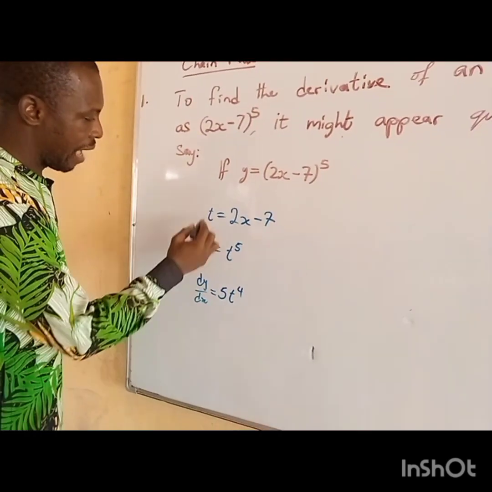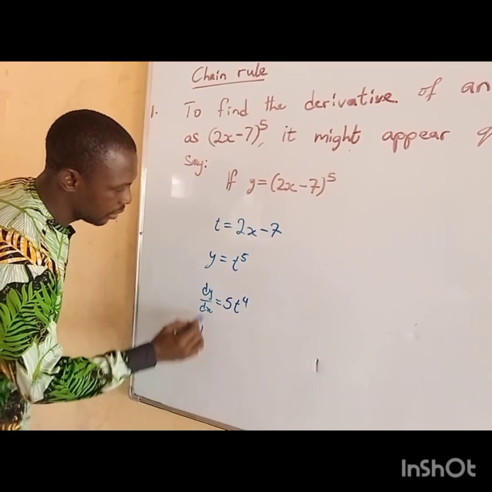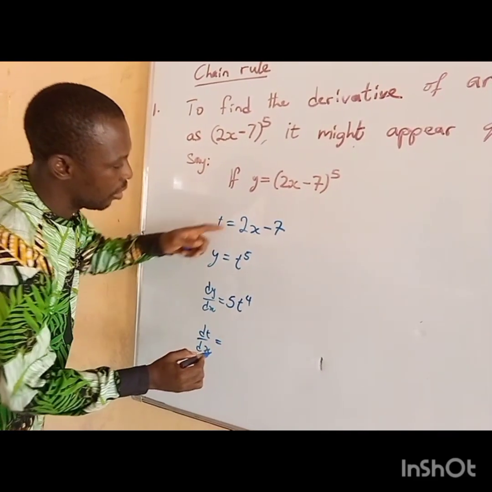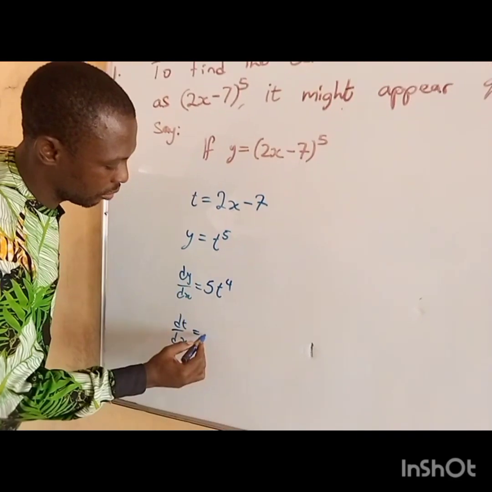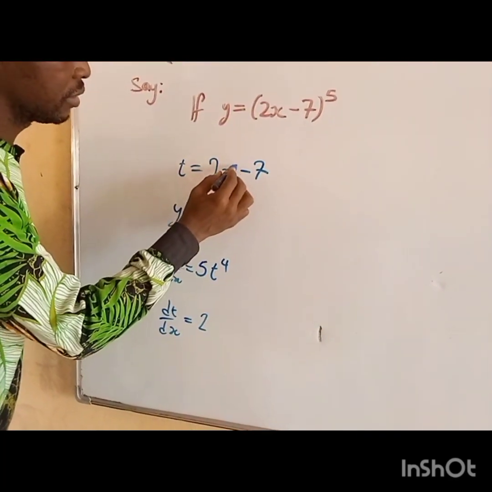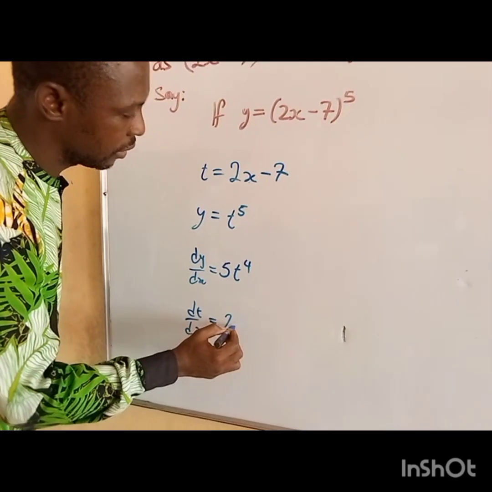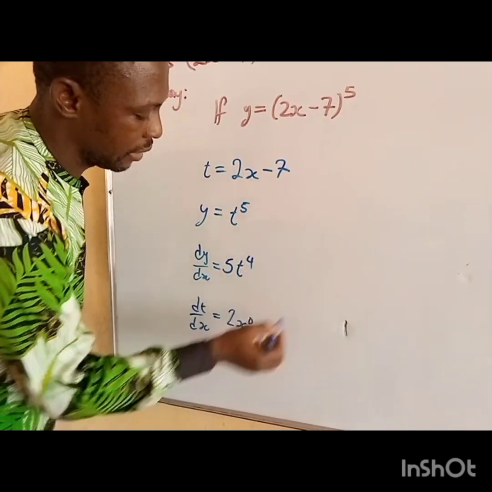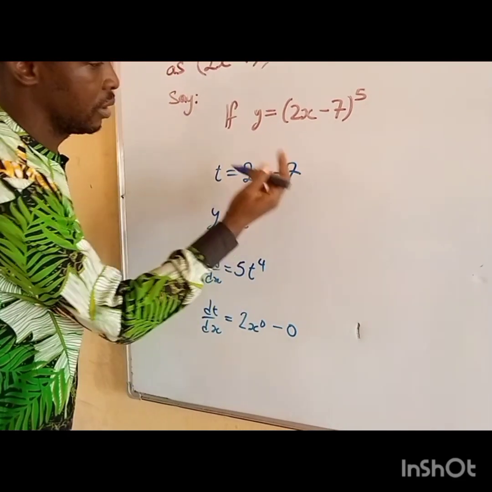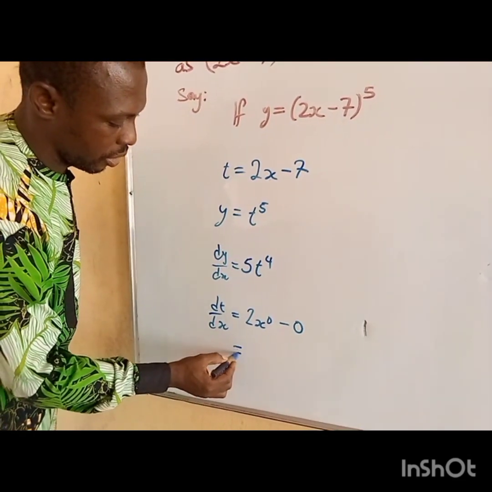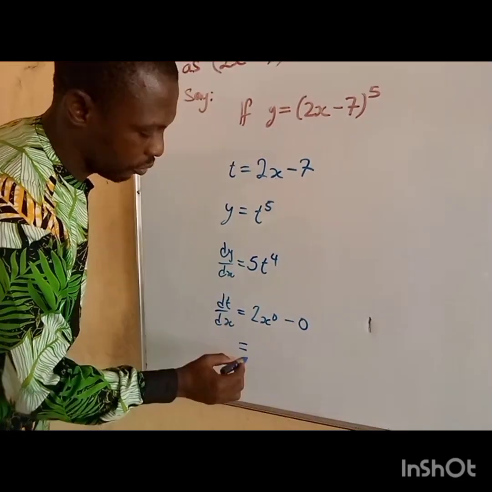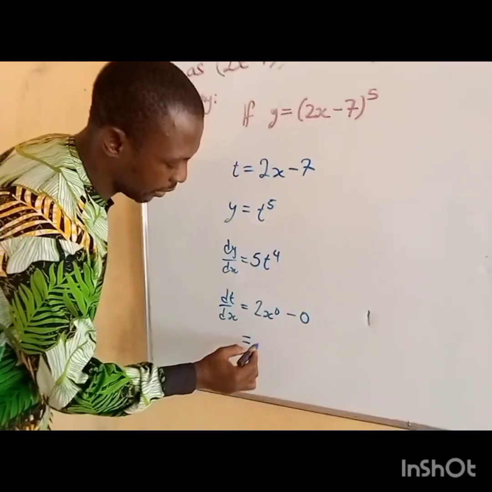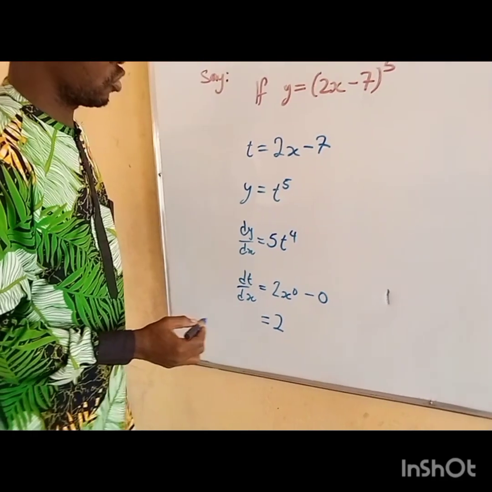Having this, dt/dx of this equation will now become 2, since x is raised to the power 1, and 1 minus 1 becomes 0. This has no x, because x raised to the power 0 is 1, so our result here is 2.